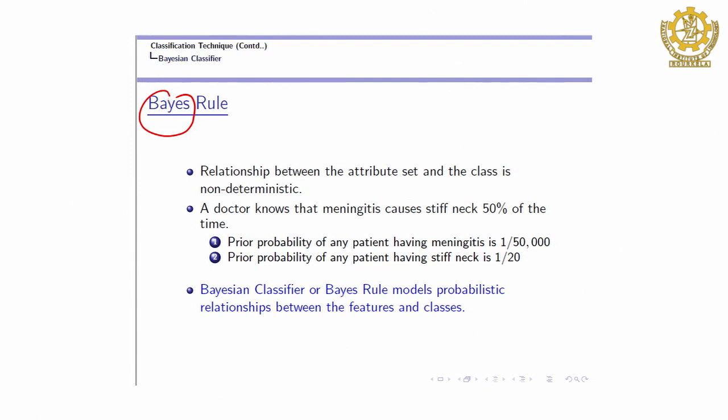Let us say we have some information. A doctor knows that meningitis causes stiff neck 50% of the time. That means if there is meningitis, the chance of having a stiff neck is 50%.